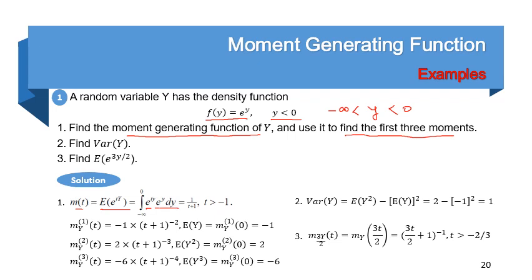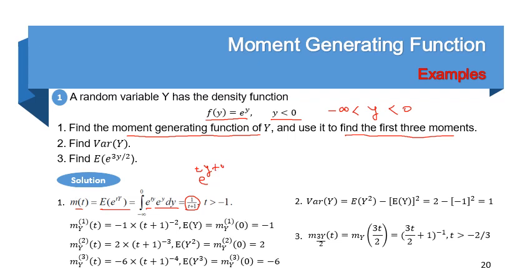Our integration will be simple because, as a hint for you, we have e power ty multiplied by e power y. So we can add up the powers because they have the same base. So e power ty, I am writing e power ty plus y, we add up the two powers.